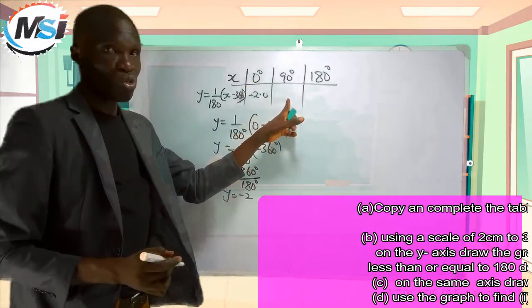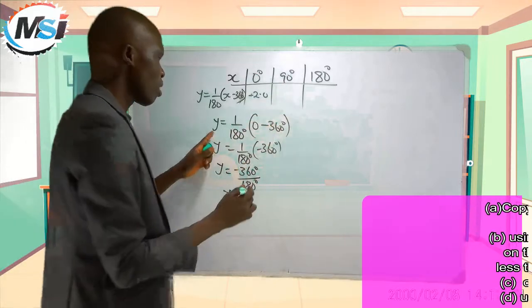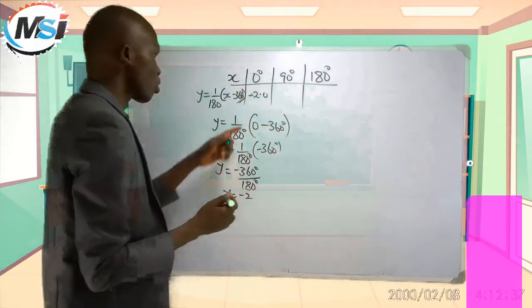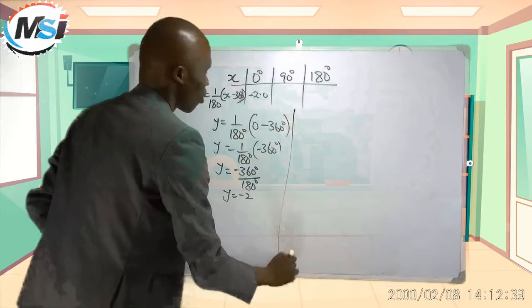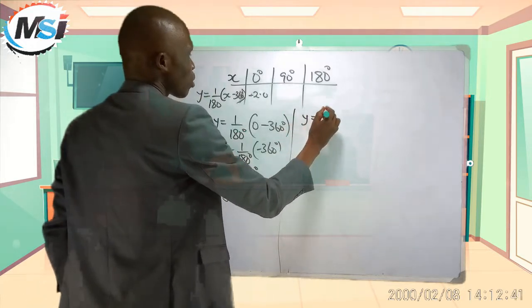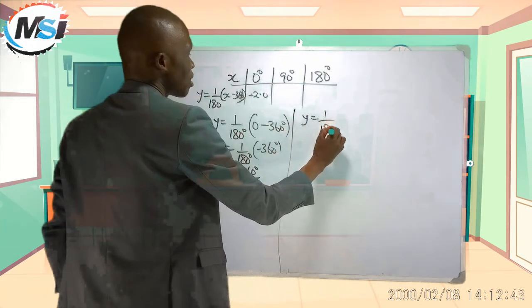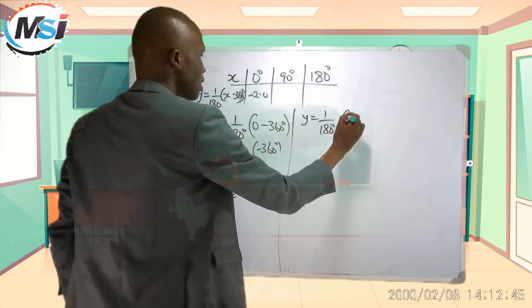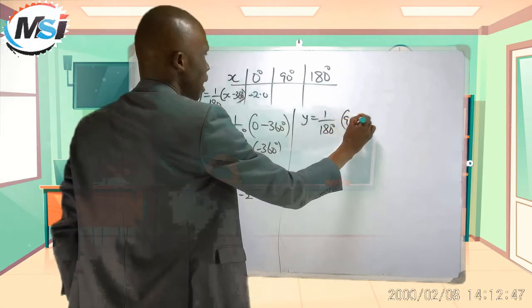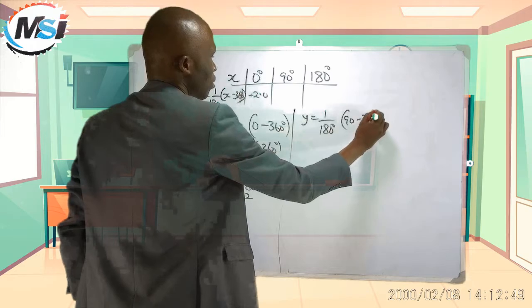The same thing you are going to do for when x equals 90. Let's do that also. Y will give us 1 over 180 degree bracket 90 minus 360 degree.